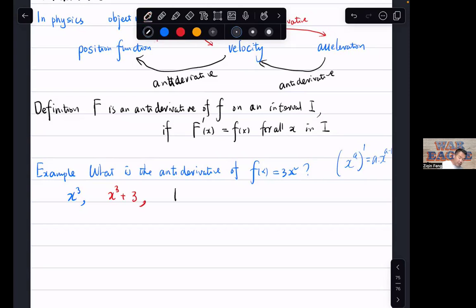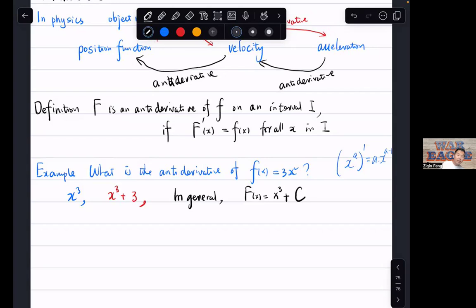So in general, the most general antiderivative of 3x squared is F of x equals x cubed plus a constant. This constant could be 1, could be 0, could be 100. That's an undetermined constant.